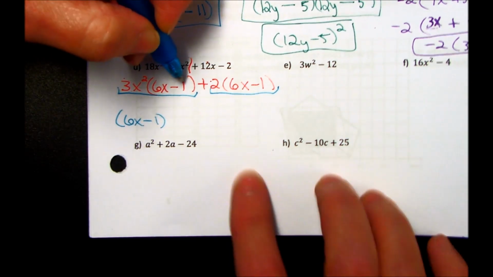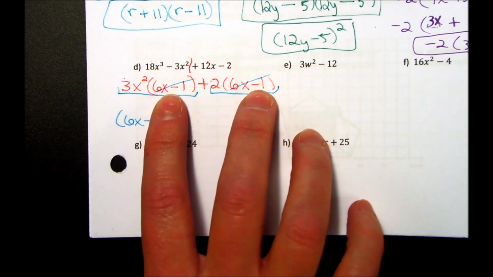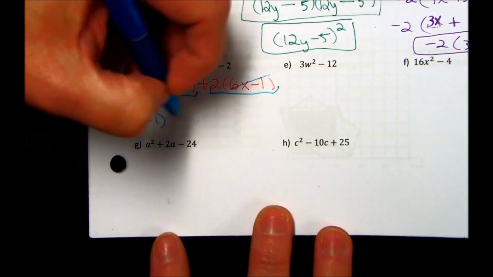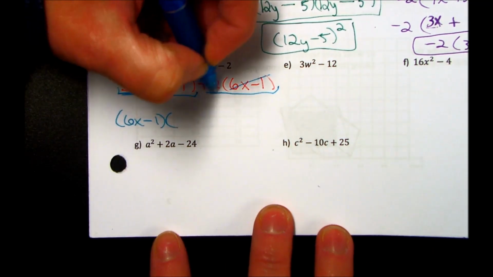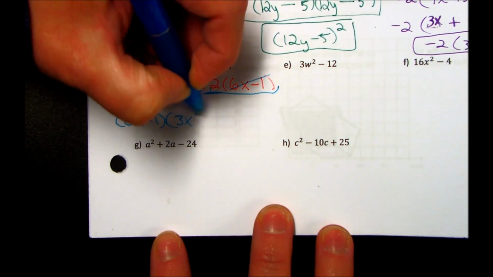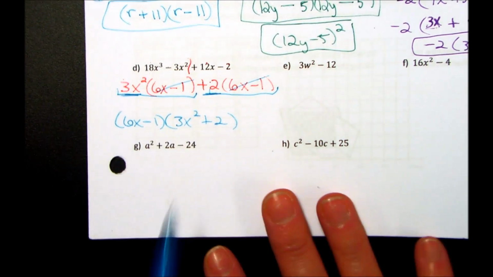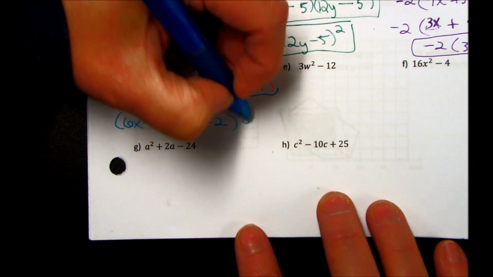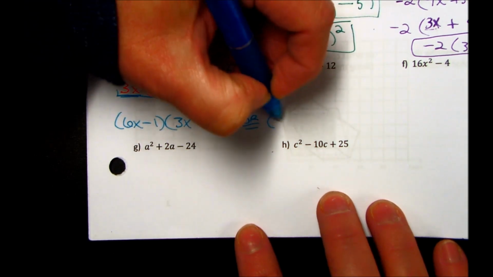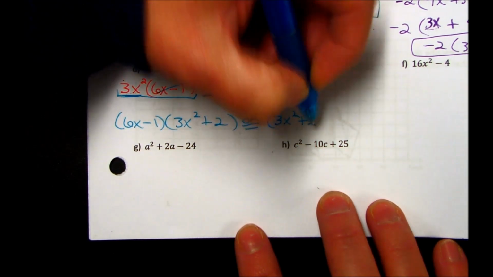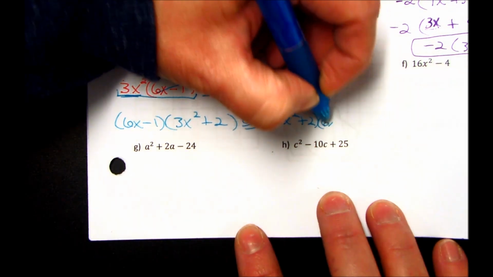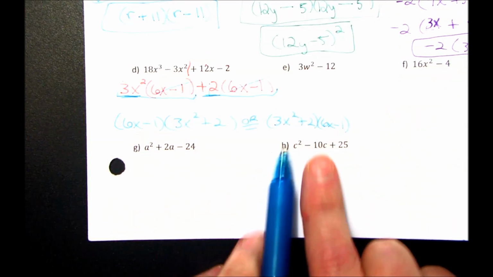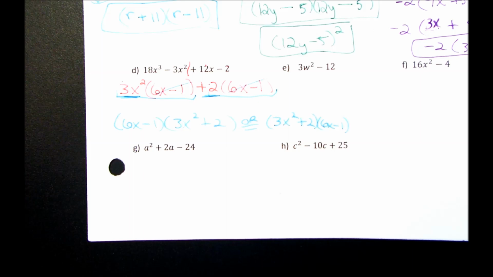When you factor that out, you're left with 3x squared plus 2 to put in the other parentheses. Now it doesn't matter what order you put these in. You could also have written the 3x squared plus 2 first and then the 6x minus 1. That would be the same thing.